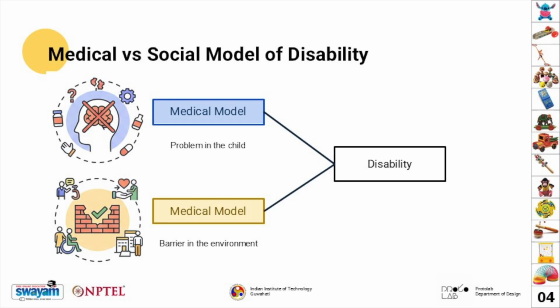The object is exclusive. A child who cannot interpret rapid flashing feedback is not inattentive. The interaction is mismatched. This shift is critical for designers. We stop fixing users and start fixing design assumptions.